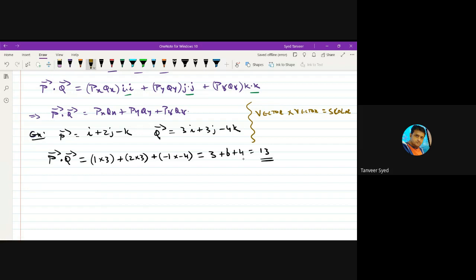So the end result that you get after performing scalar multiplication should be a scalar quantity. You won't get ijk's. If you get ijk's, that's a vector. How can it be scalar multiplication? Got the point? So during the process of this multiplication, you have ijk's, but they will become 1. i dot i becomes 1, j dot j becomes 1, k dot k becomes 1. You don't get ijk's in the result. Remember this point.